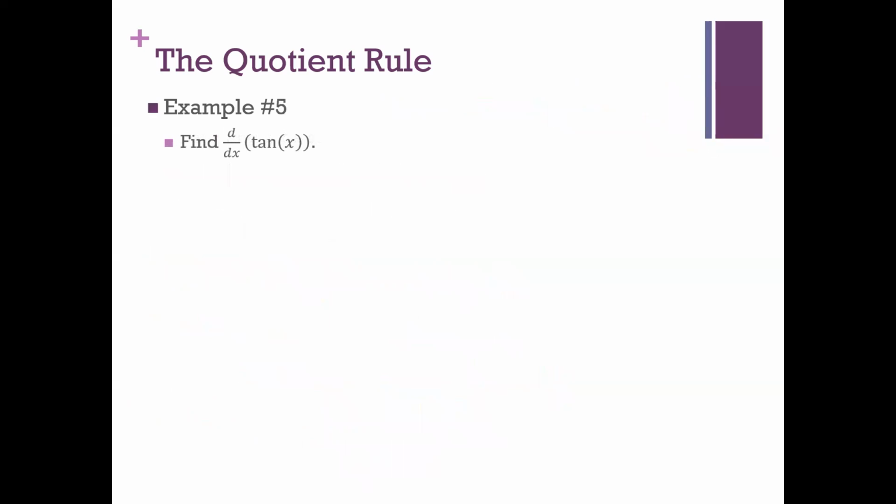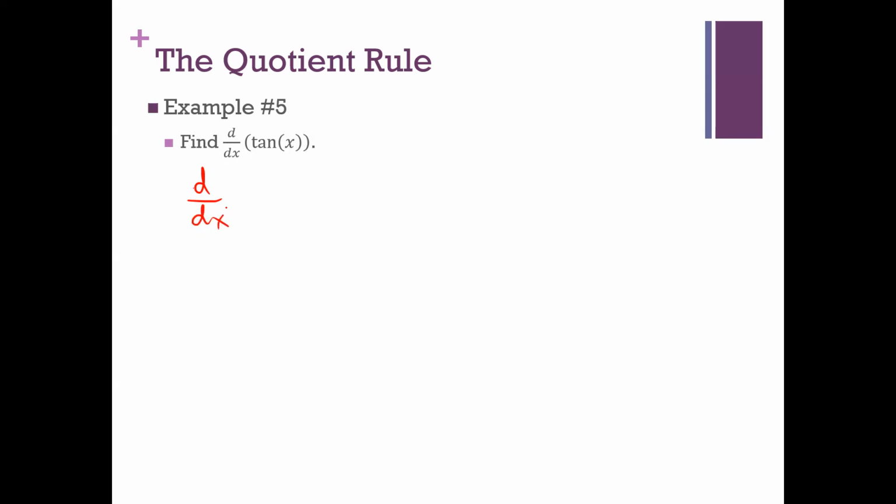All right, this thing right here, the derivative of tangent of x. Why am I bringing this up when we're talking about quotient rule? Is it cosine over sine? Close. Sine over cosine, right? So that's something we can do instead.